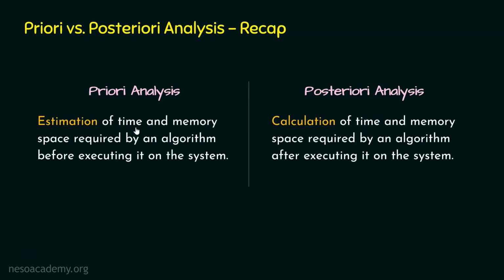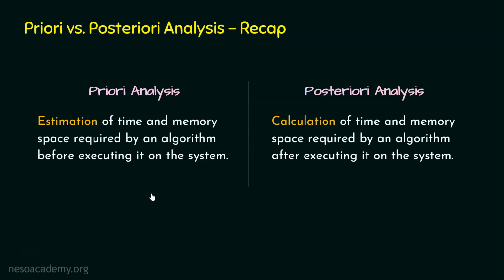The estimation of time is the same as the estimation of the total number of CPU computations an algorithm takes, and estimation of memory space means estimation of main memory space. We will understand how we estimate main memory space later, but in this lecture, we will understand how to estimate time, or in other words, how to estimate the total number of CPU computations an algorithm needs to execute.